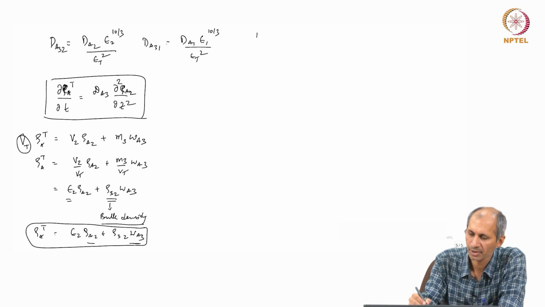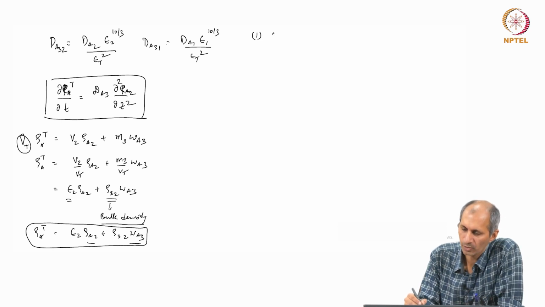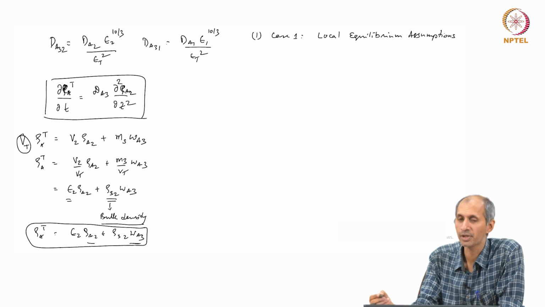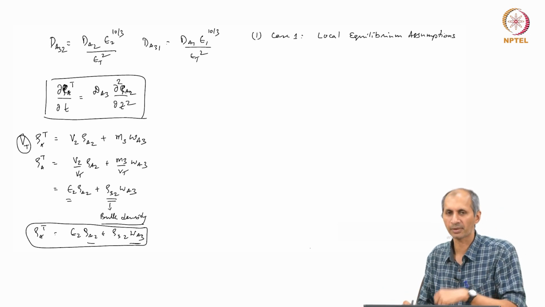The first assumption, case 1, is what is called the local equilibrium assumption. These are all simplifications of what could be the real scenario in the system.